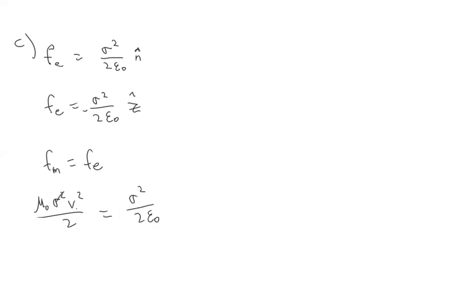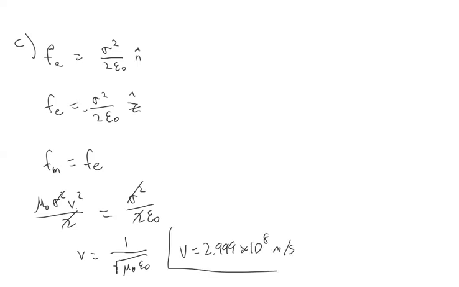We can do some cancellations, and we end up with v equals 1 over the square root of mu naught epsilon naught. If we plug that into a calculator, we get 2.999 times 10 to the 8th meters per second as the velocity that the charge carriers would need to travel in order for the magnetic force to balance out the electrical force.